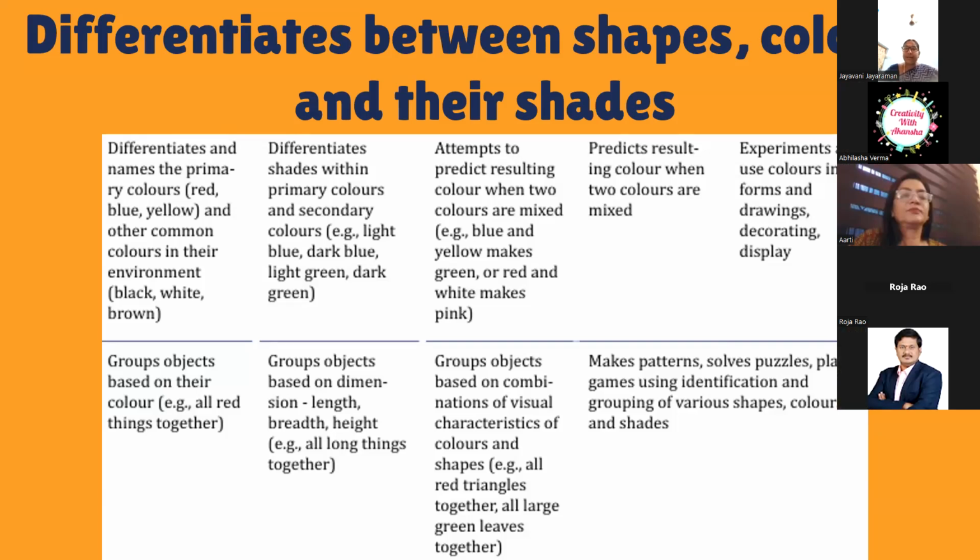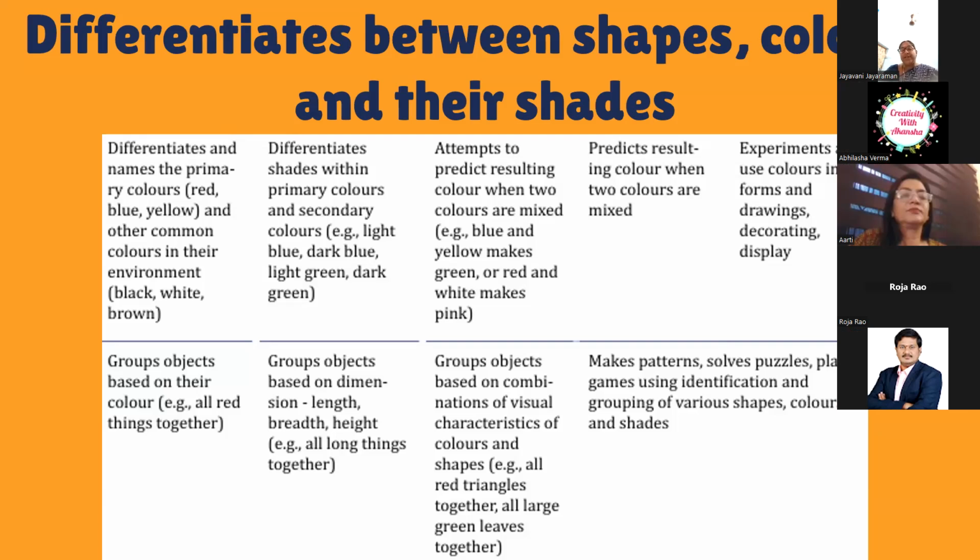First one comes about the domain of physical development. So here, the child develops a sharpness in the sensorial perceptions. Here, the child is able to differentiate between the shapes, colors, and their shades.